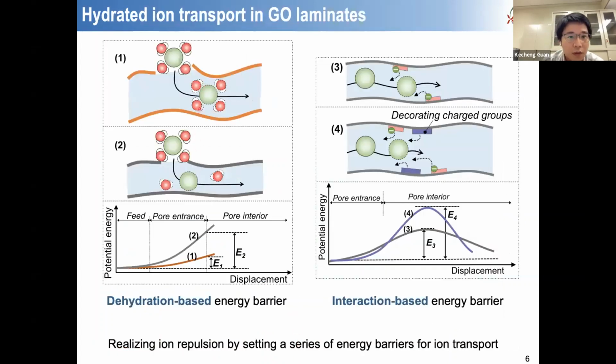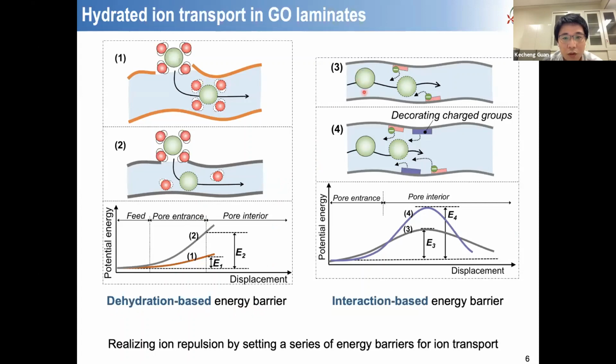And considering the transport of hydrated ions through the membrane, when the hydrated ion enters the pore entrance of the nanochannel, if the nanochannel size is smaller than the size of the hydrated ion, this ion should dehydrate to remove some water shells to fit inside. So this will lead to the dehydration-based energy barrier.